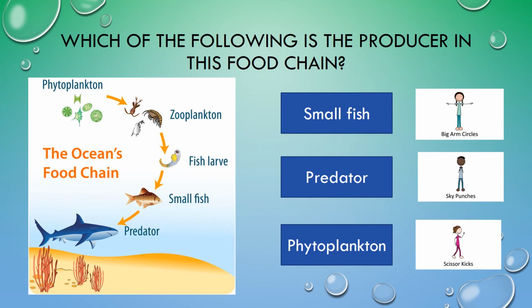And if you think it's phytoplankton, you're going to do scissor kicks. Ready? Begin. And stop. The phytoplankton is the producer in this food chain, so scissor kicks was the correct exercise.